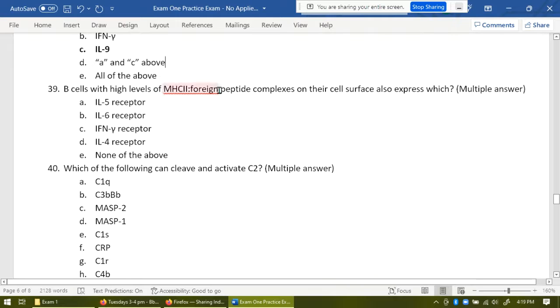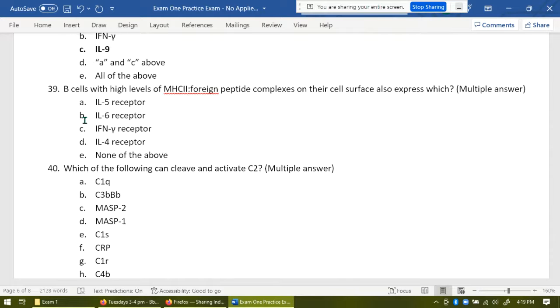B cells with high levels of MHC2 foreign peptide complexes on their cell surface also express which? So this means that the B cell has encountered antigen, it has taken up the antigen, it has shredded the antigen into a bunch of bite-sized pieces, and it has loaded those peptides into MHC2. Now it's trying to present MHC2 to a T helper cell.